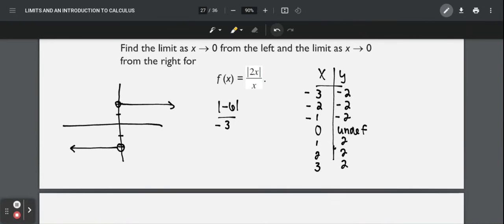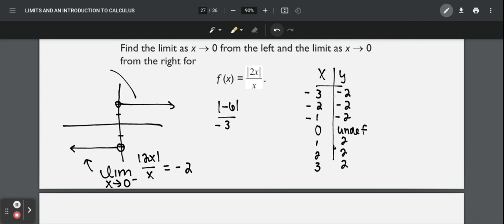So if we were identifying it, this right here would be where our limit, we would say the limit as x is approaching 0 from the left, and we would have that little negative sign there, of the absolute value of 2x over x, that limit would be -2. Because from the left, the y values are approaching -2.